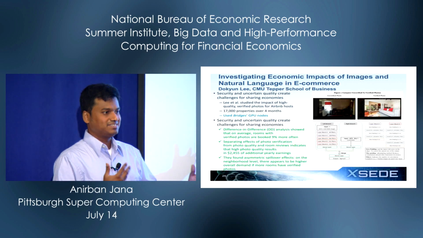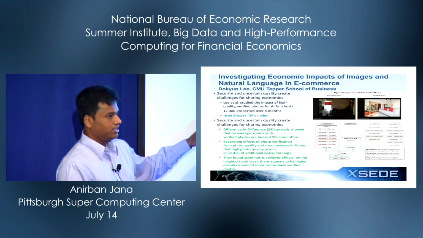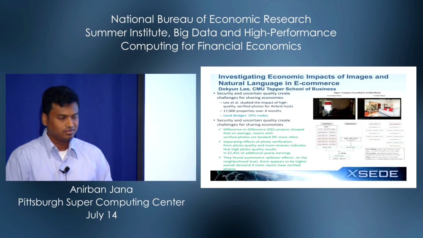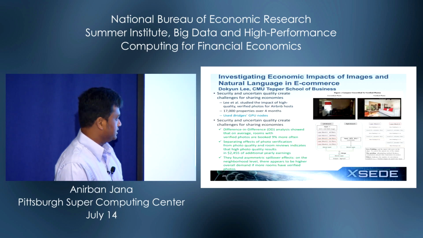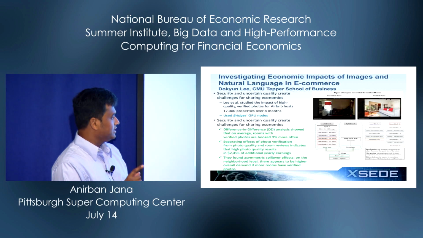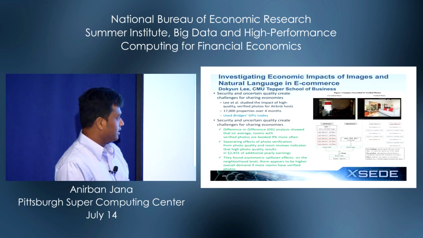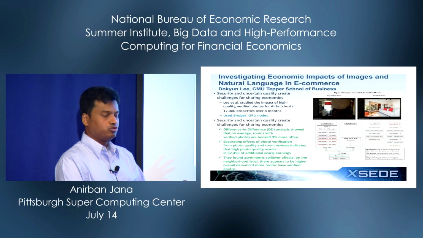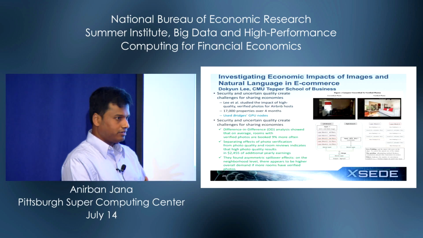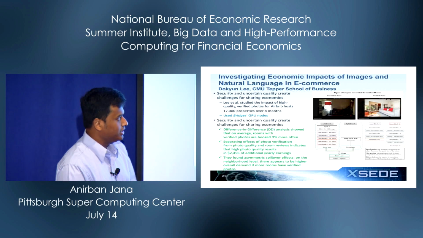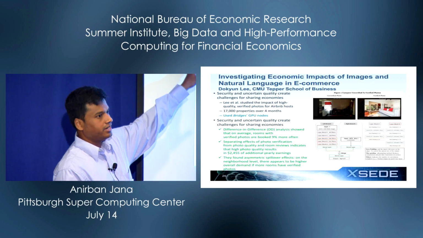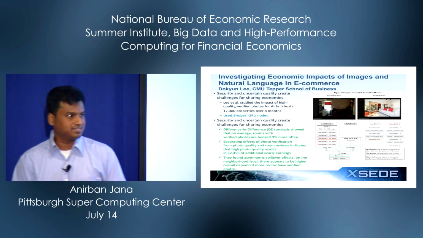So these might make sense, but this study did some quantitative analysis of the effects of having high quality verified photos on Airbnb business. And interestingly, they found some spillover effects: if there are a lot of rooms in a certain neighborhood that have verified high quality photos, then in general that neighborhood gets a lot of business. So anyway, this wouldn't have been possible easily without machine learning applied on GPU nodes in Exceed.